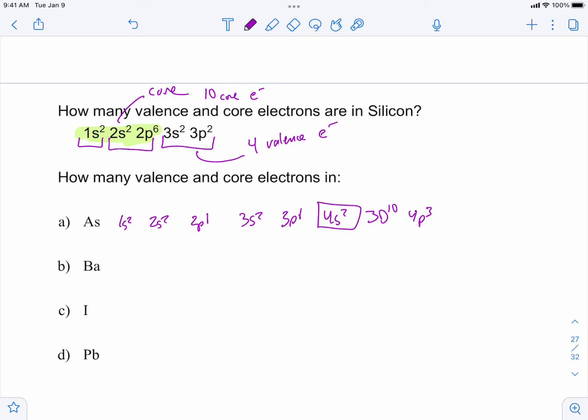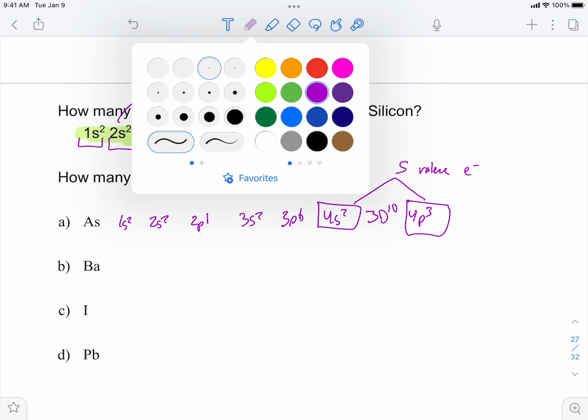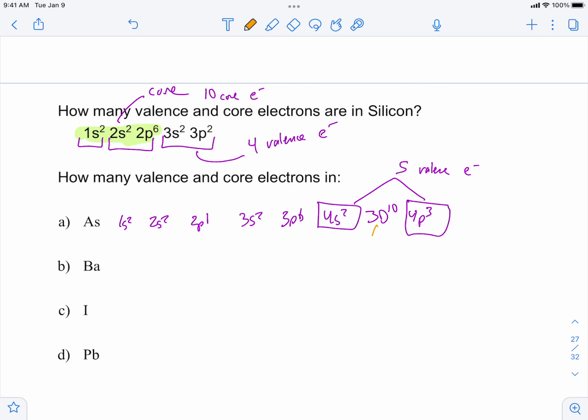So if you add up the highest energy level electrons, we have how many valence electrons? 5 valence electrons. And that means the rest are core electrons, right? So the rest of these are the core electrons. You guys see how we're doing this? So yeah, 28, so it'd be whatever's left, right?